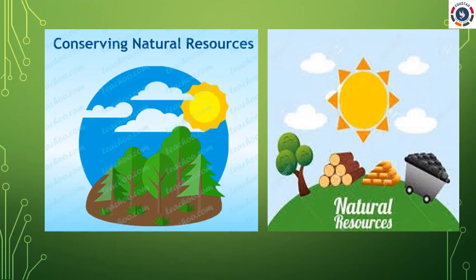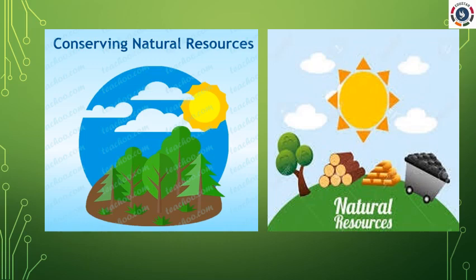Now we will move on to the next topic, that is the conservation of natural resources. So we need to be careful about how we use these resources, because long ago when the population of human beings living on earth was less, there were enough resources for everybody.